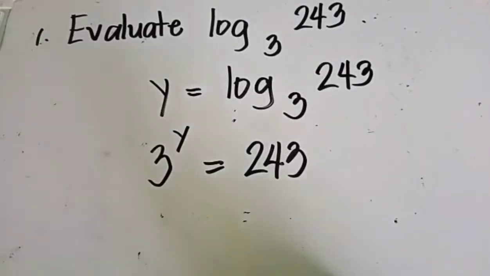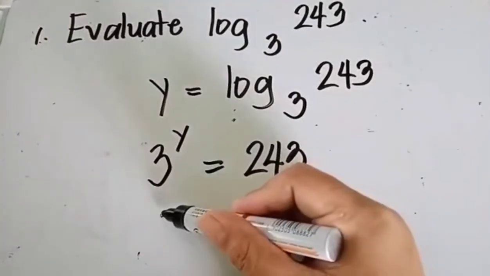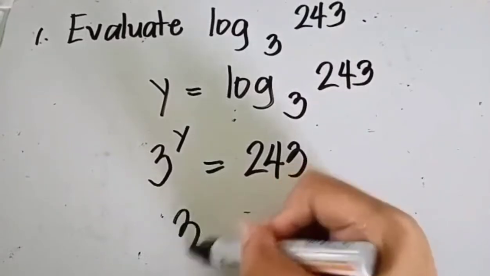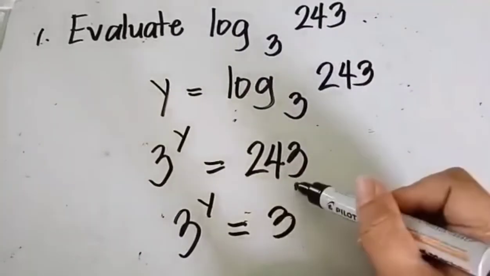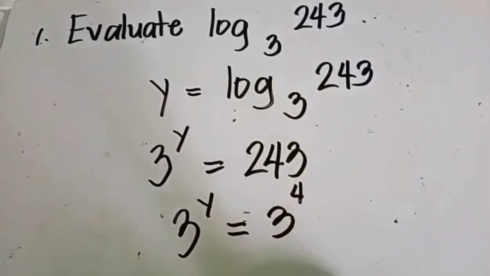Remember to express both sides of the equation using the same base, using the property: if b to the power of x is equal to b to the power of y, then x is equal to y. So therefore, you have 3 to the power of y is equivalent to 3 to the power of 4. As you will notice, we now have the same base.